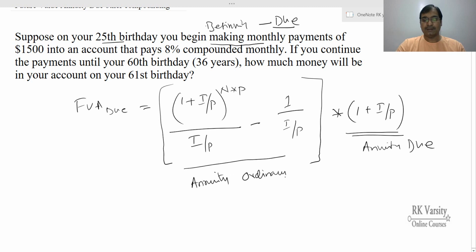So this is the only additional change that you have to make.